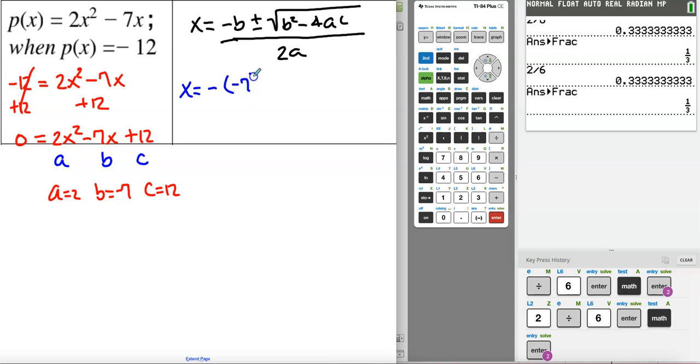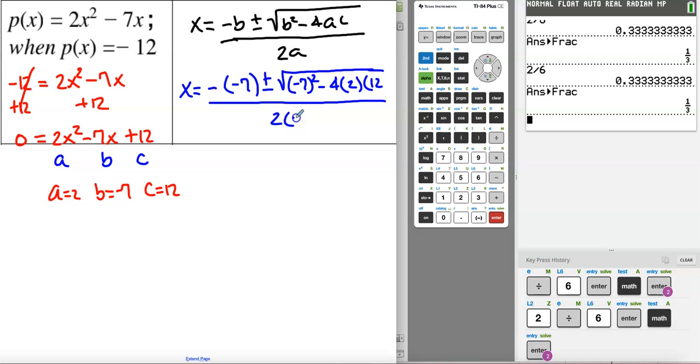Negative 7 is being substituted for b, and the square root of negative 7 is going in again, don't forget the squared, minus 4 times 2 times 12. And this is all divided by 2 times 2 in this case because a is 2.